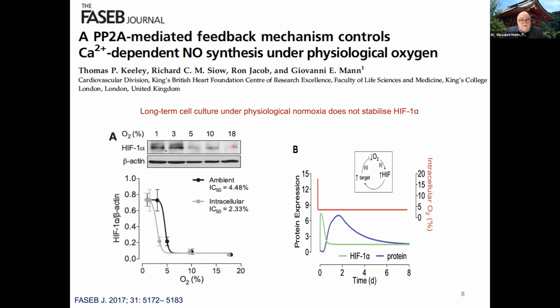And what you can see is very negligible effects on HIF-1 alpha expression versus beta-actin. And only when we are at 3 to 1% oxygen do we begin to see the stabilization of HIF-1 alpha. If we plot the data against the intracellular oxygen concentration, that's the gray curve, you'll see that as we lower oxygen, we're only beginning to get stabilization of HIF-1 alpha well below 2% oxygen.